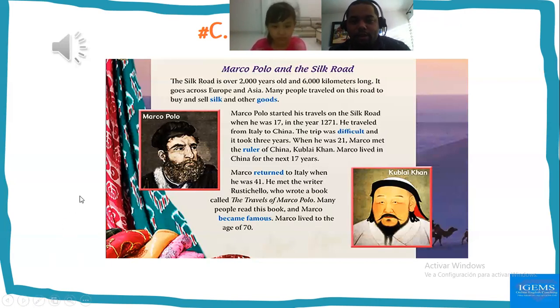Yes, that is correct. Something I'm going to tell you in regards to the year: you can also say 1271. You can also do it this way. If you want to make it easy, you can say 1271, and that's perfectly fine.